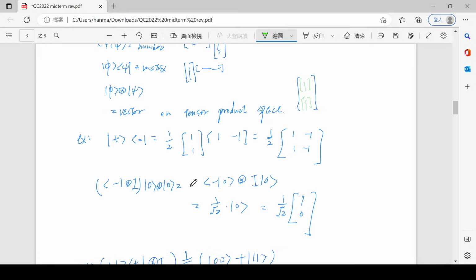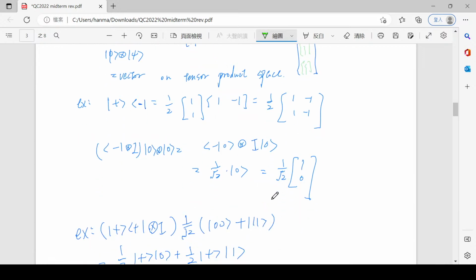And then we can do a more exotic calculation. We have a tensor product state of 0 tensor 0. Then we multiply it with something that looks very ill-defined, but it's really a matrix: this weird minus bra tensor identity. This is doable, because when we have tensor products multiplying together, we just resolve this slot by slot.